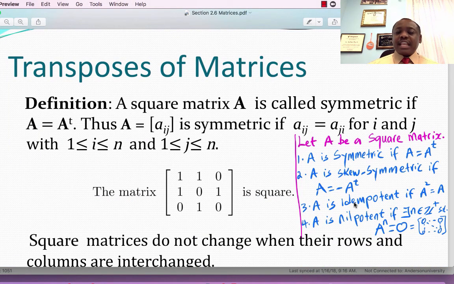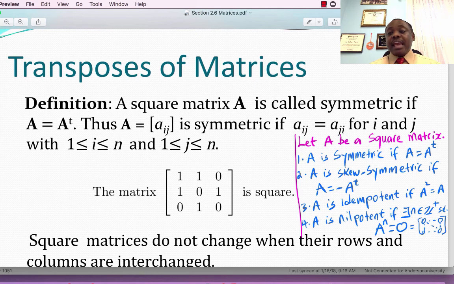A square matrix A is said to be symmetric if A equals A transpose. As a matter of fact, let me give you all 4 for now, which I think is good for you to know. Number 1, if A is a square matrix, then we say that A is symmetric if A equals A transpose. Number 2, A is said to be skew symmetric if A equals negative A transpose.